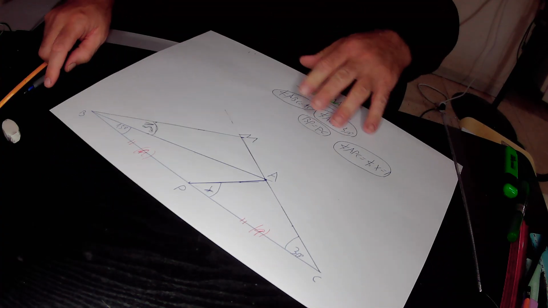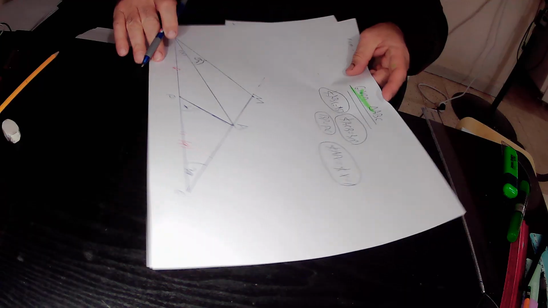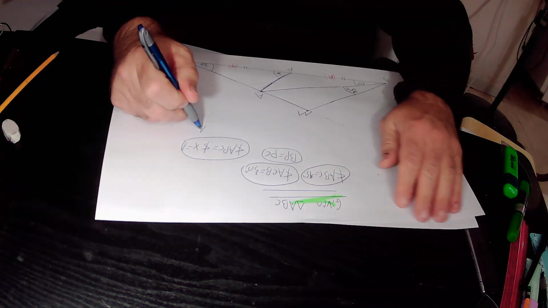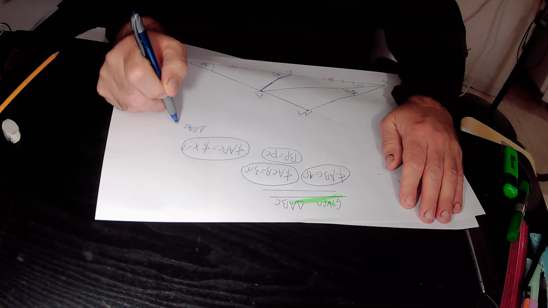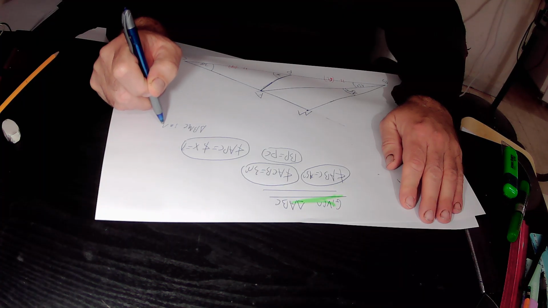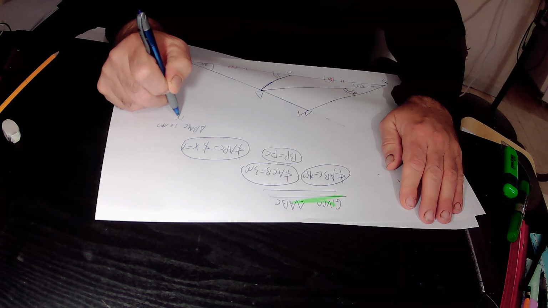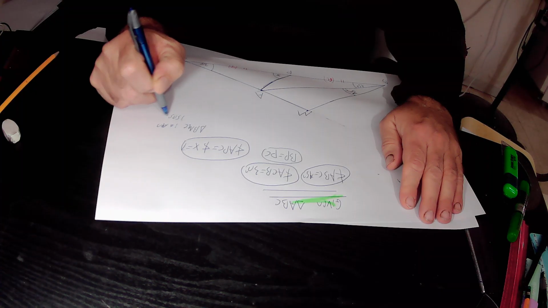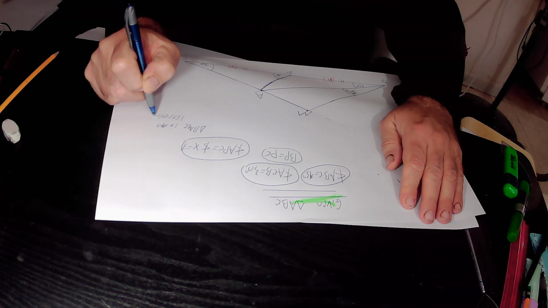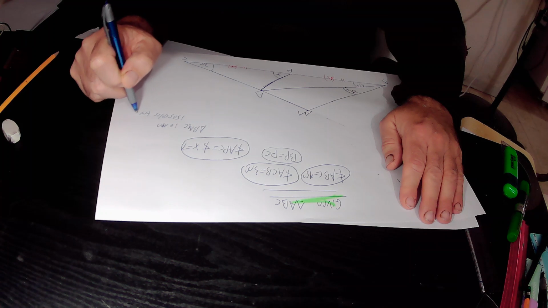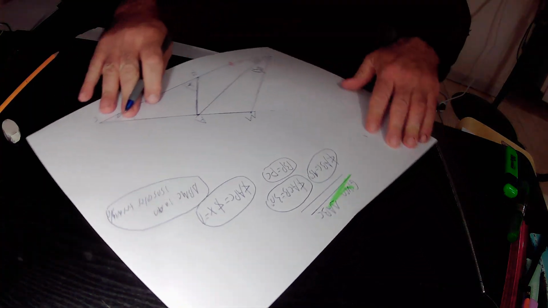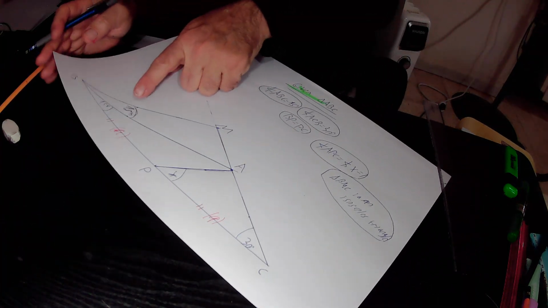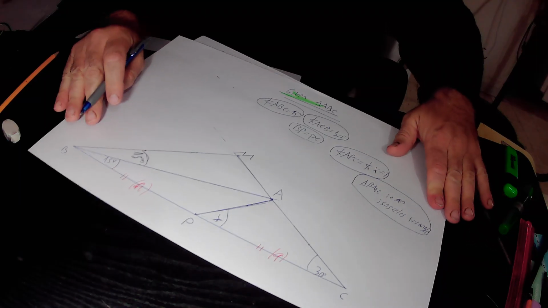So triangle BMC is an associated triangle, and BC is the base of this associated triangle BMC.